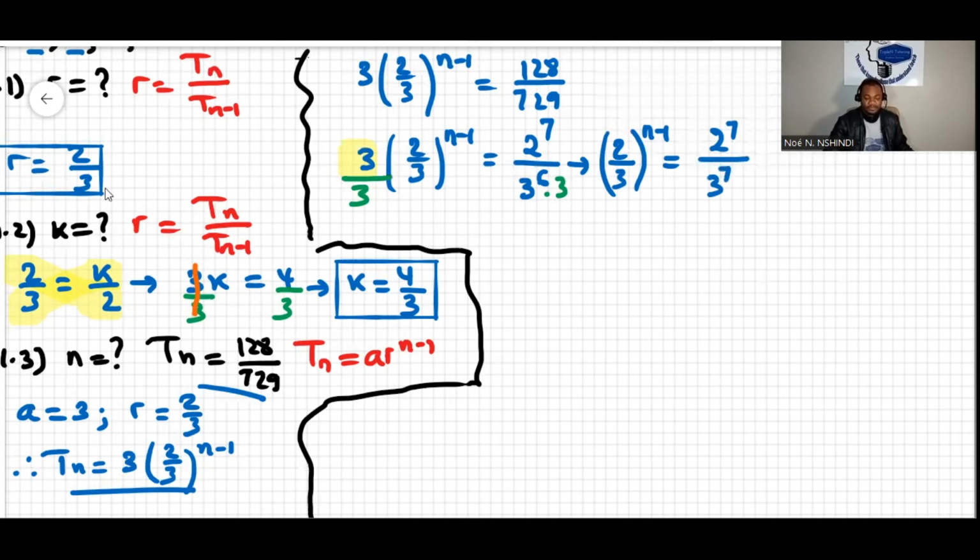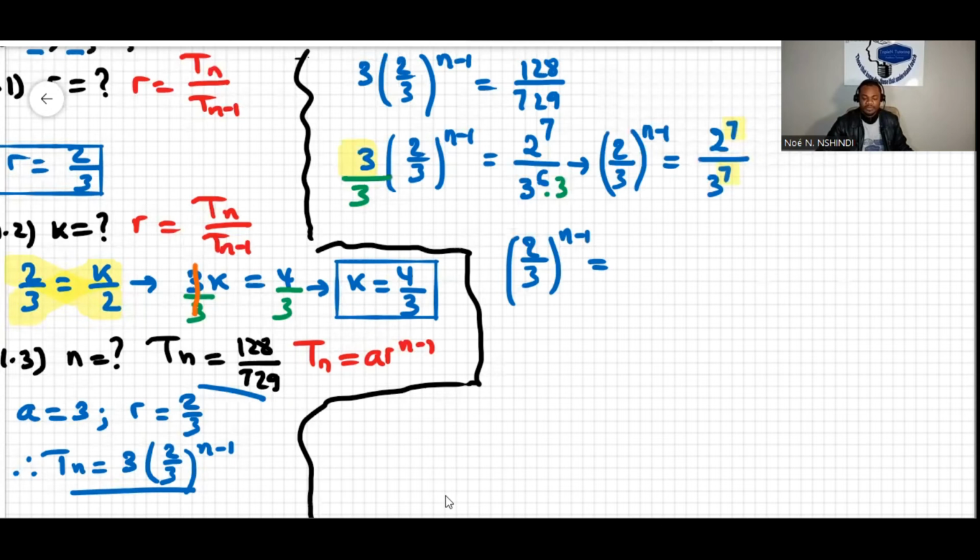When I divide both sides by 3, then this will be 2 over 3 all to the power of n minus 1, equal to 2 to the power of 7 over 3 to the power of 7, because the exponents are common.